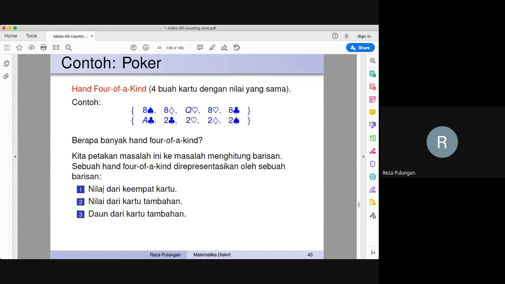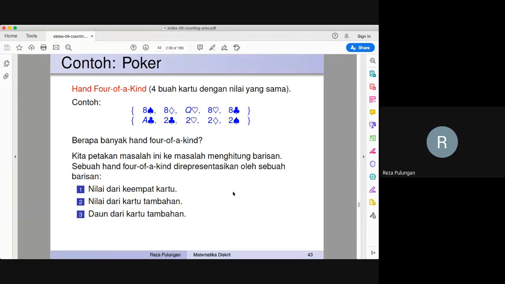The first one is the rank of the four cards. For example, in this case, the rank is 8. And then the rank of the additional card. The rank is queen. And then the suit of the additional one. You don't need the suit of the four cards because you use all of the suits, but for the additional card you need that.